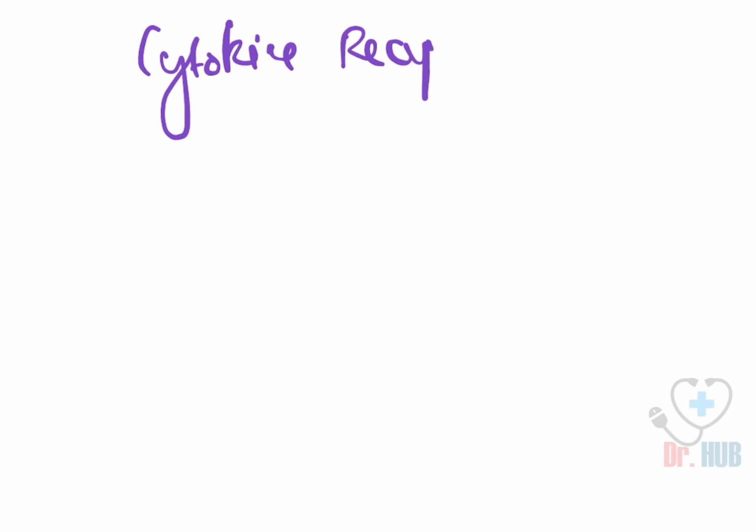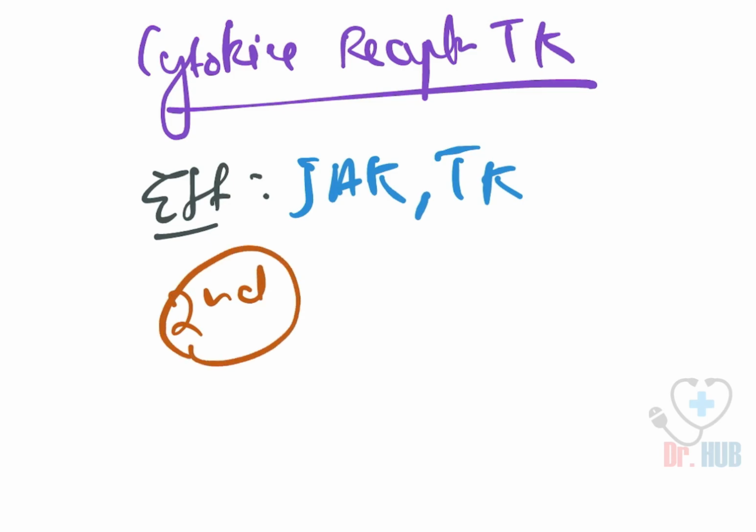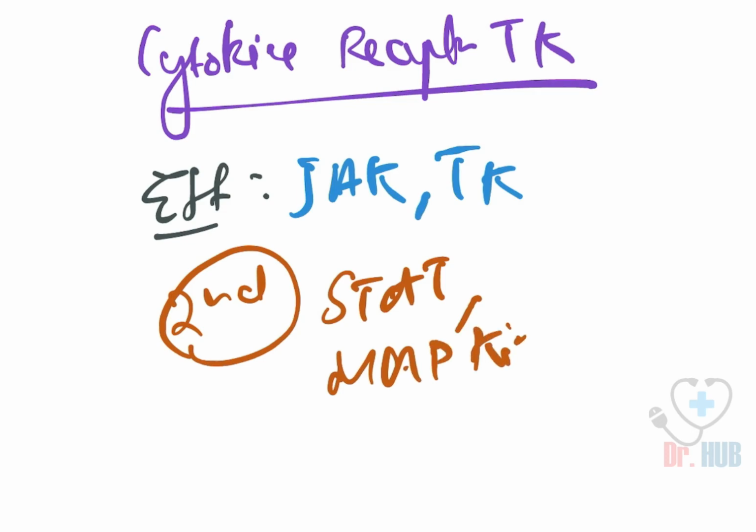Next, we move on to the cytokine receptor tyrosine kinase. So here the effector, if we see, is the JAK as well as the tyrosine kinase. And the second messenger is the STAT and the MAP kinase.